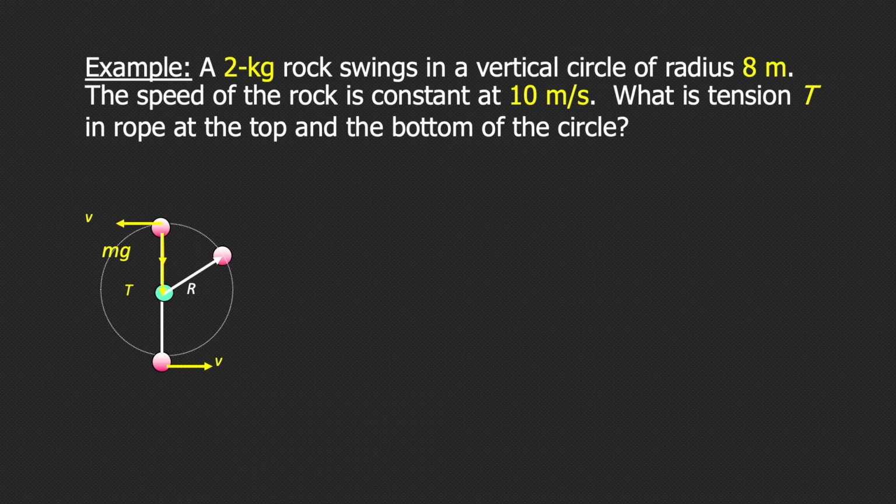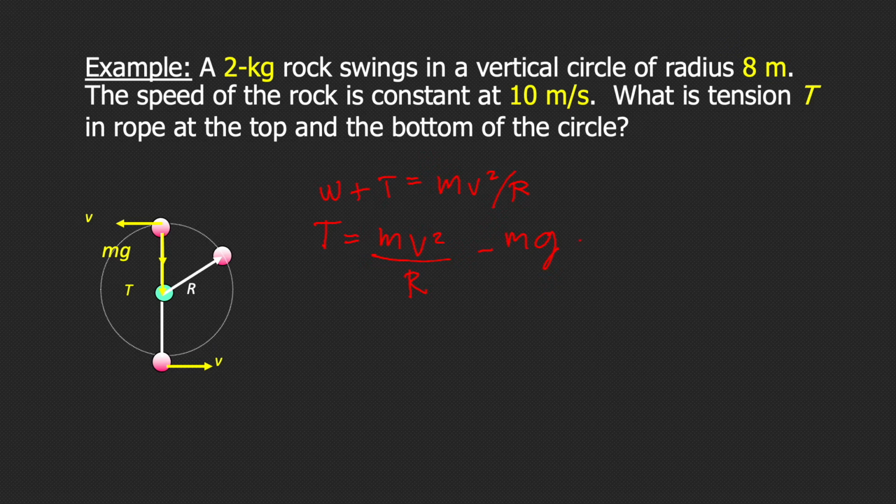Now remember, at the top, the direction of the weight and the tension T is the same. So we can say that weight plus T is equal to mv squared over r. So T is equal to, we can transpose weight to the other side, so it's mv squared over r minus weight, which is mg.